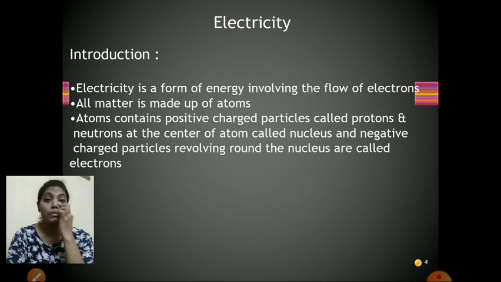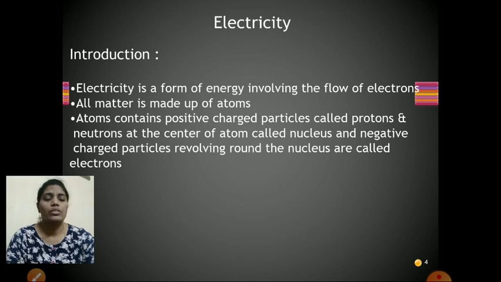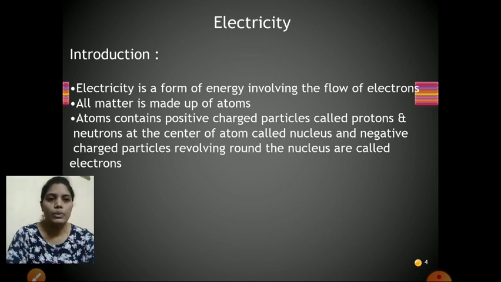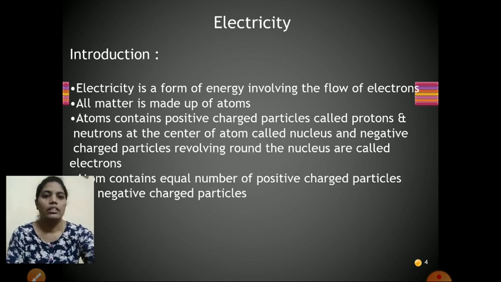Now, these atoms contain positive charged particles which are called protons and neutrons which are at the center of the atom, which is called the nucleus, and negative charged particles which are revolving around this nucleus are called electrons.